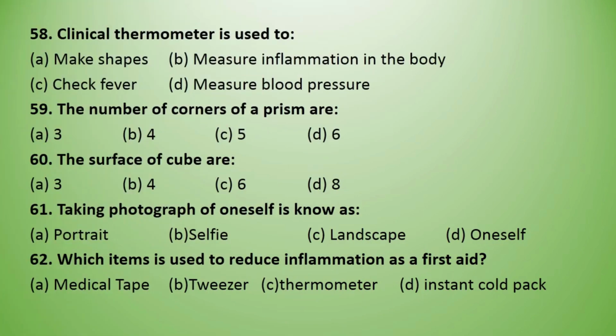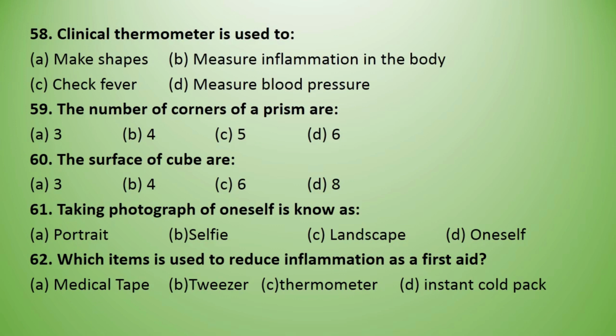58. Clinical thermometer is used to A. Make shapes, B. Measure inflammation in the body, C. Check fever, D. Measure blood pressure. Answer is C. Check fever. 59. The number of corners of a prism are A. 3, B. 4, C. 5, D. 6.